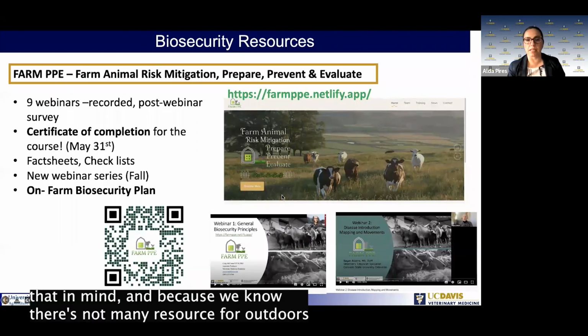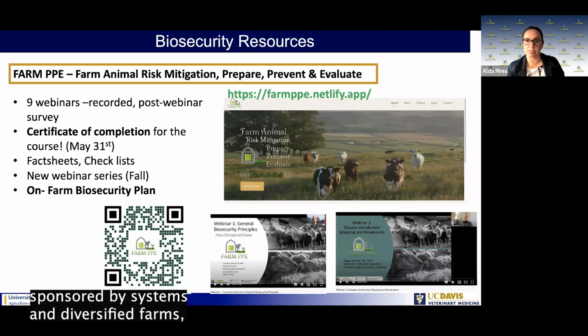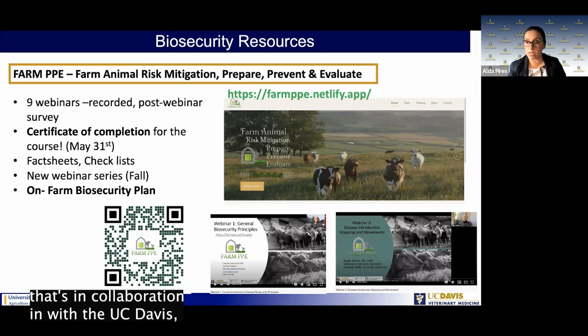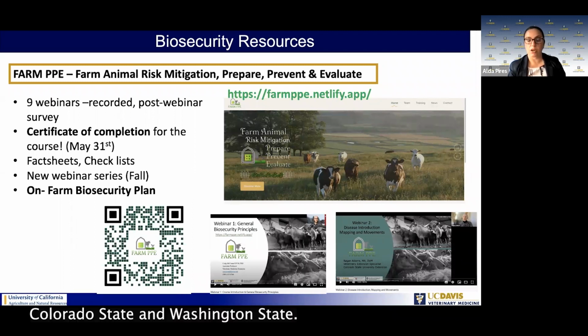So with that in mind, and because we know there are not many resources for outdoor pasture-based systems and diversified farms, we actually have a project going on in collaboration with UC Davis, Colorado State, and Washington State.